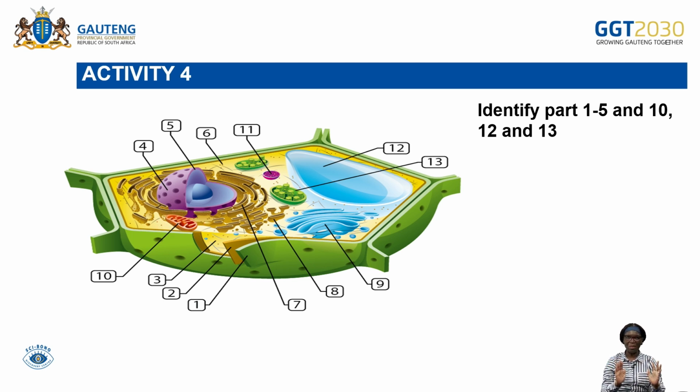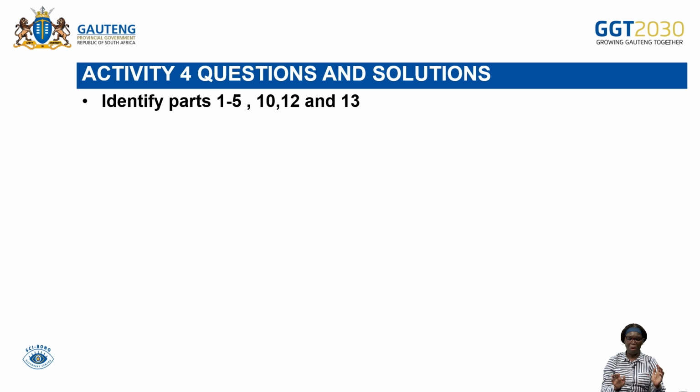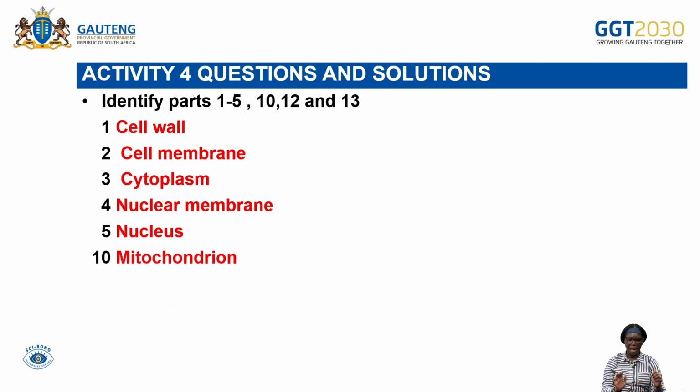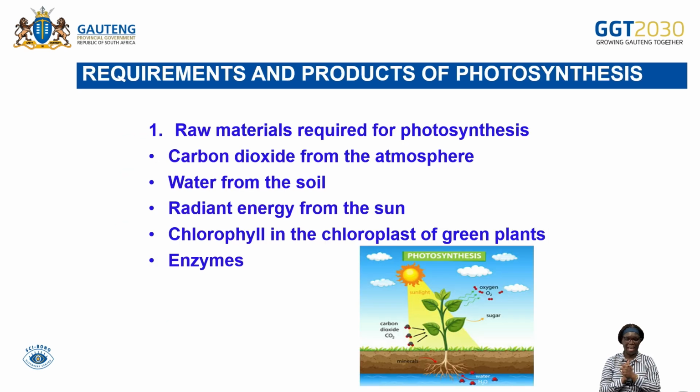Make sure you study the structure of the plant cell. Okay, 1 is cell wall, 2 is cell membrane, 3 is the cytoplasm, 4 nuclear membrane, 5 the nucleus. Okay, 10 mitochondrion, 12 vacuole. The last one is the chloroplast. Yay, you got it.